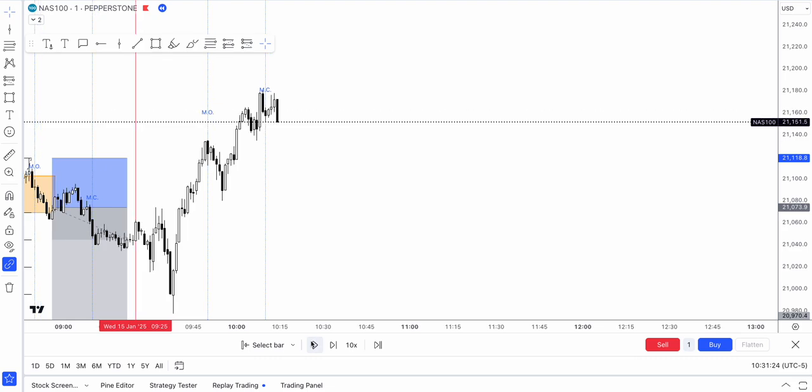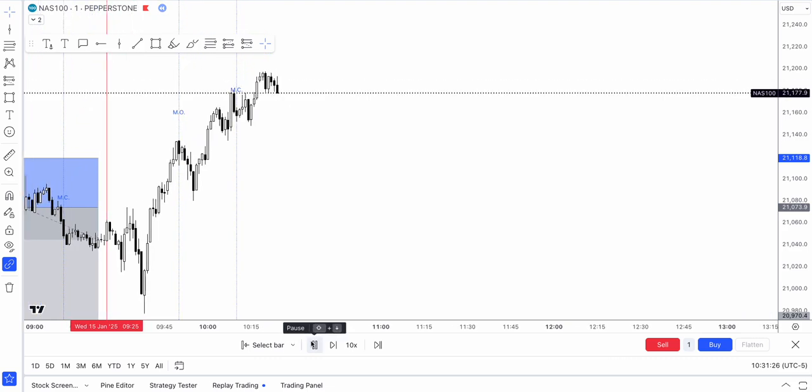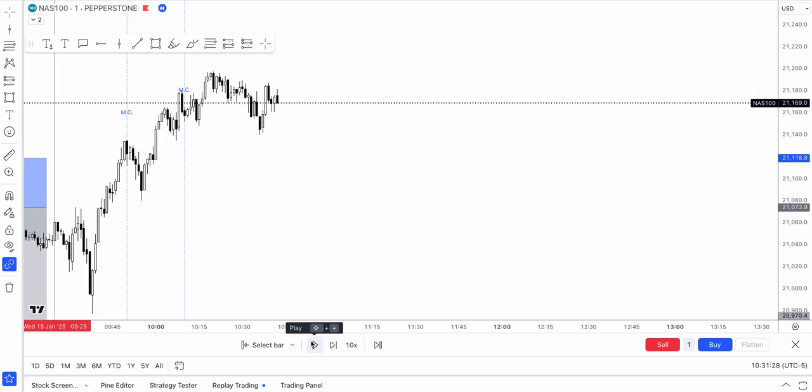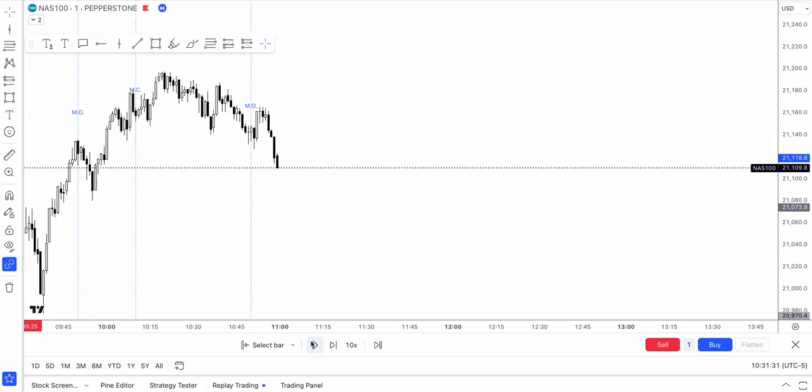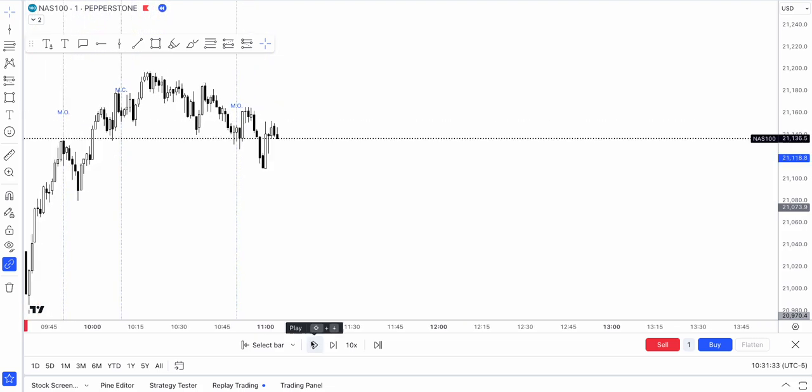If anything, I'm seeing a buy there, but I want to look for the sells, or at least let sells play out first, and then go back and market the buys if that's what price is giving.